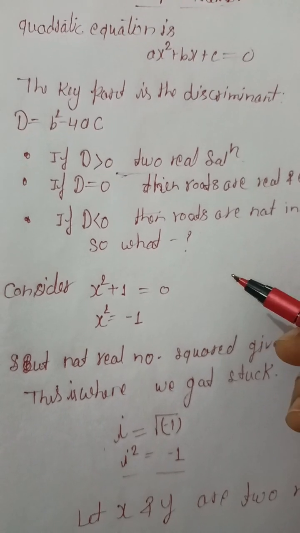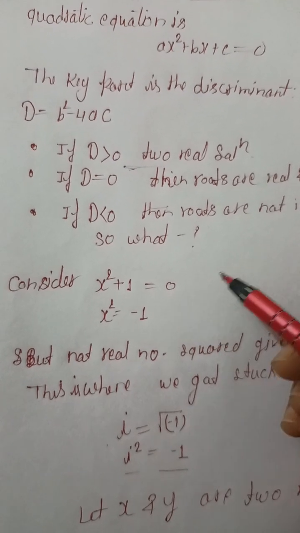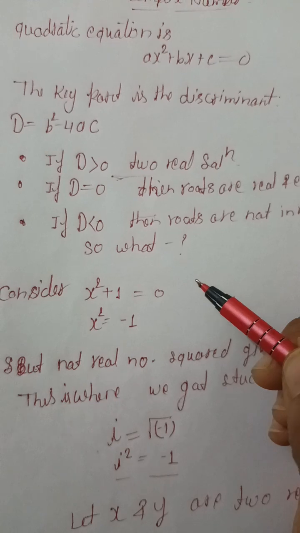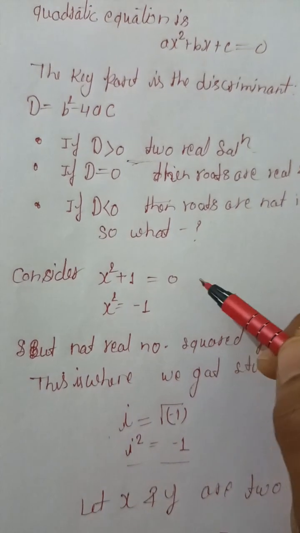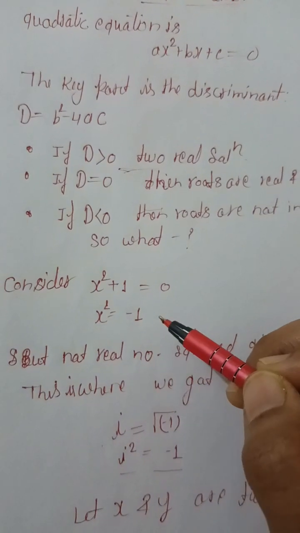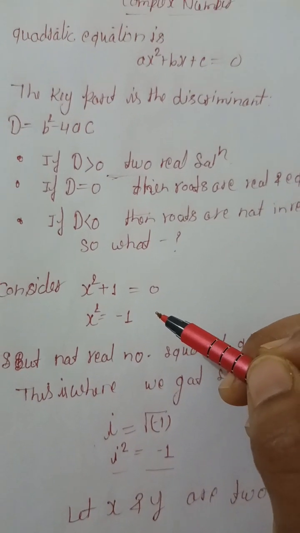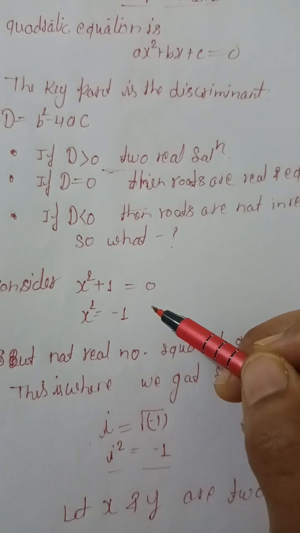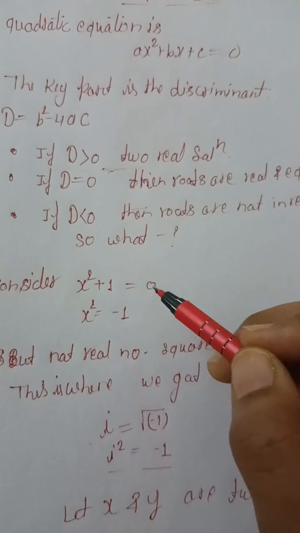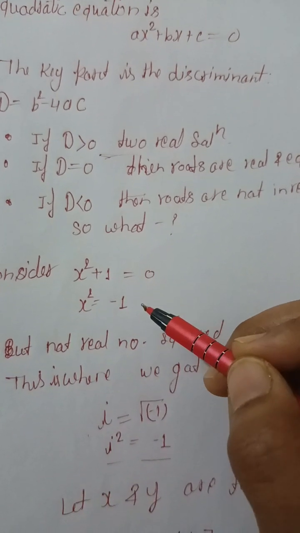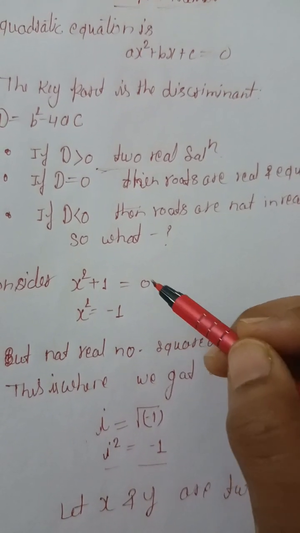We further move and a problem arises with this type of equation. Consider x square plus 1 equal to 0, x square minus 1, and there is no solution in the set of real numbers.